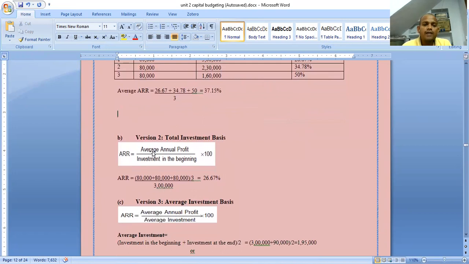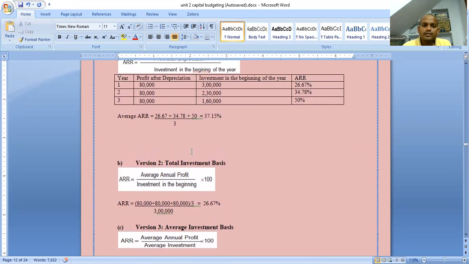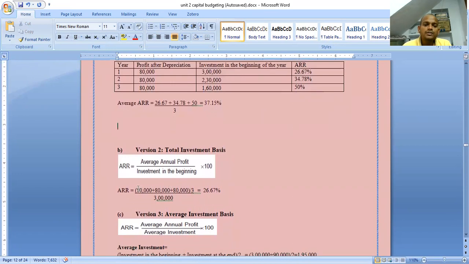See, average annual profit. Now we have to average all the annual profits: 80,000, 80,000, 80,000 divided by 3. We have to average it.